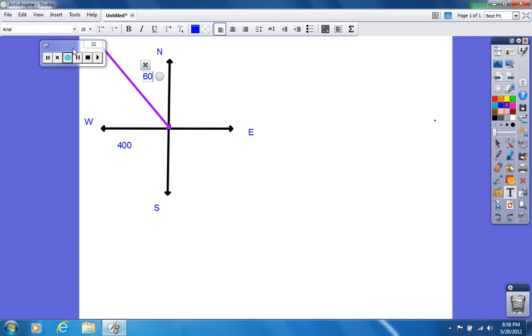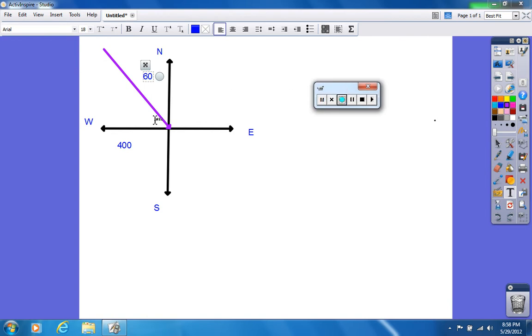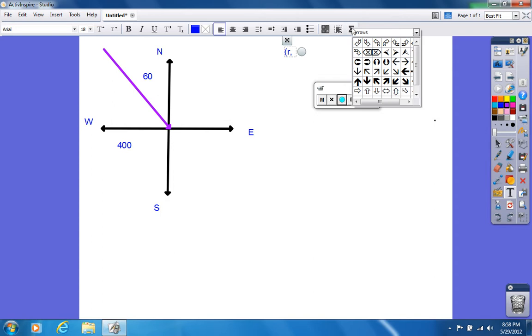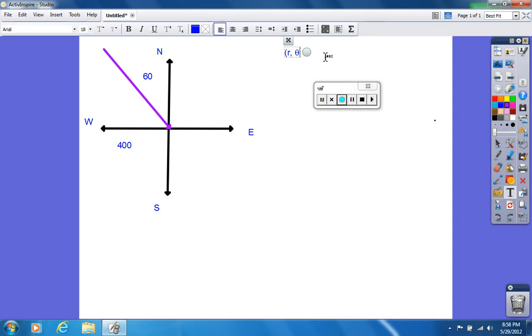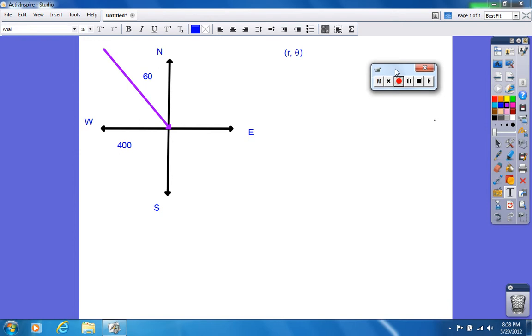The first thing we need to do is get the coordinates. If you remember from the previous problems that we did, the ordered pairs would be r comma theta. To do the ordered pair, we need the cosine and the sine.